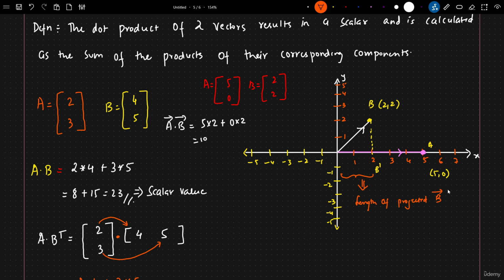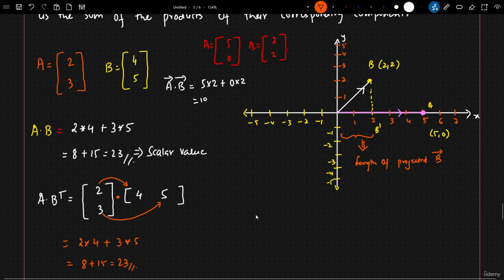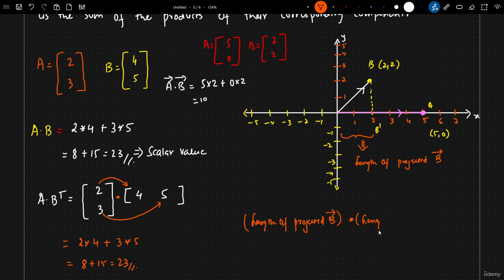Then we will take this length, whatever length is there, the length of the projected B vector, and we will multiply it by the length of vector A. And what is the length of vector A in this scenario? It is nothing but 5, right? If I'm looking at this, it is nothing but 5. This is basically my length. So once I do the product of this, it will basically give me A dot product B, right?